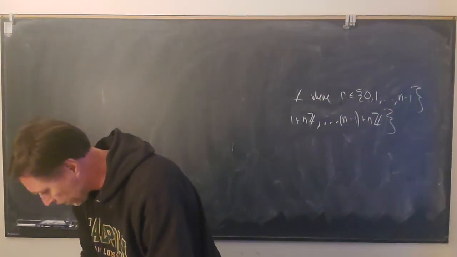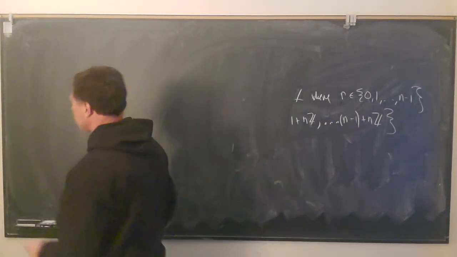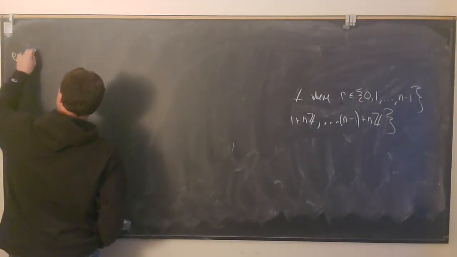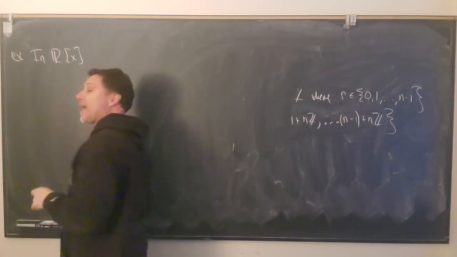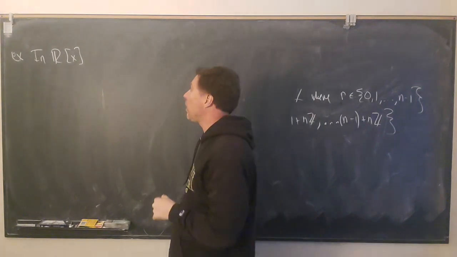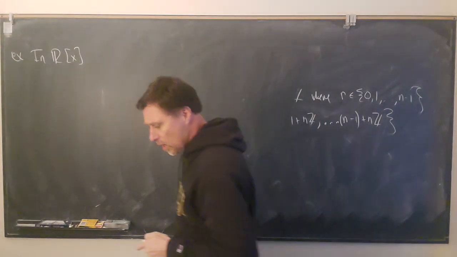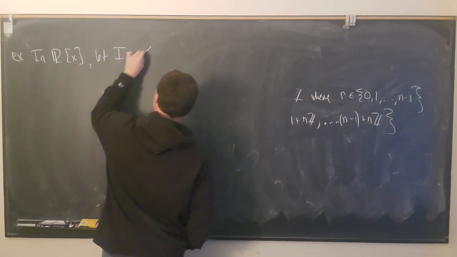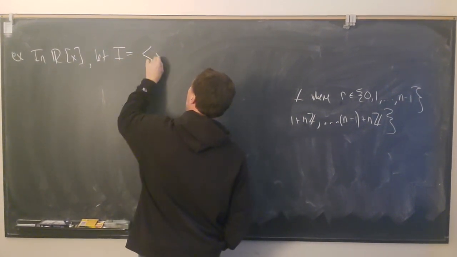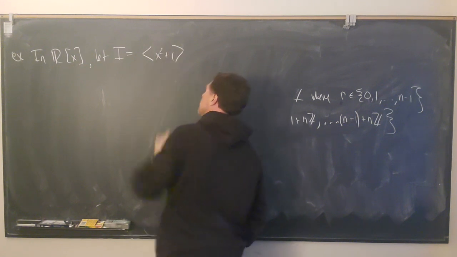So our next example, let's work with polynomials. In R bracket x, the ring of polynomials with real coefficients, I want to look at the ideal generated by the polynomial x squared plus 1.